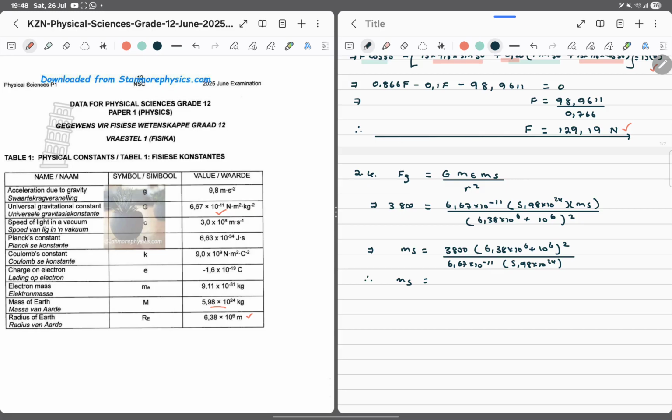Right. So what we get is 518,88, let's say 3 kilograms.